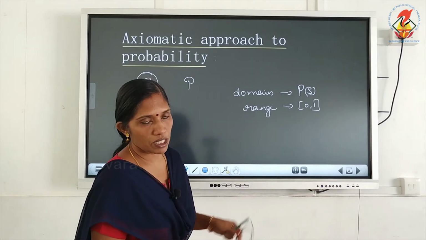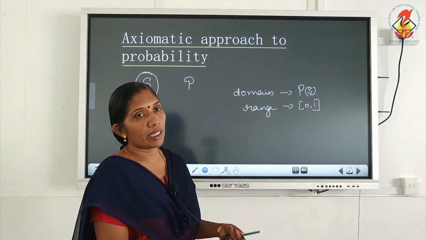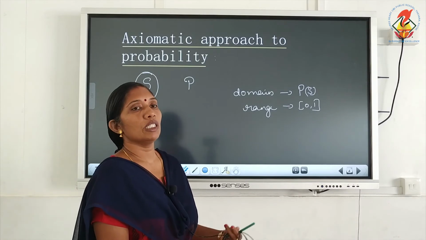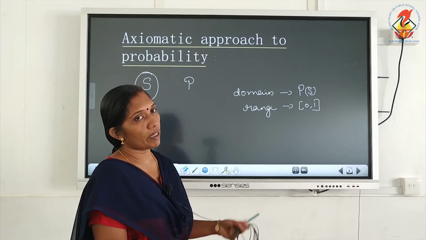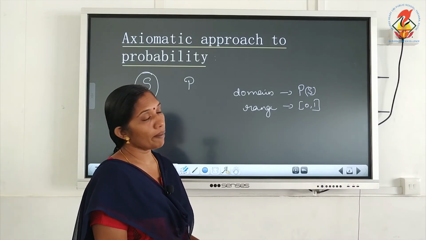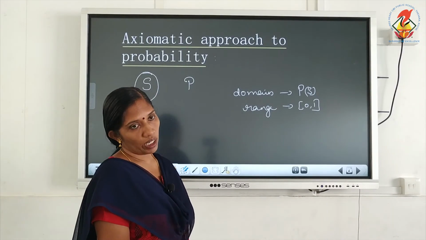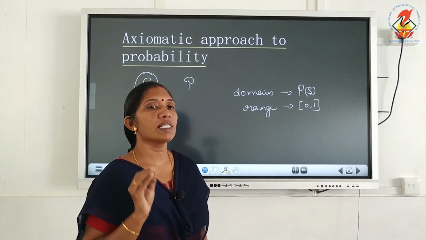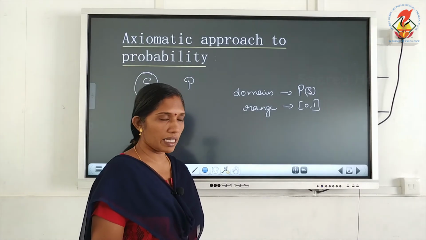Let S be the sample space of a random experiment. P is a real valued function whose domain is the power set of S, and range is the closed interval 0, 1. It also satisfies some axioms. 3 axioms are there.